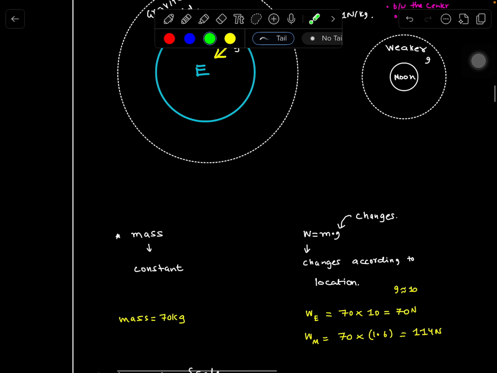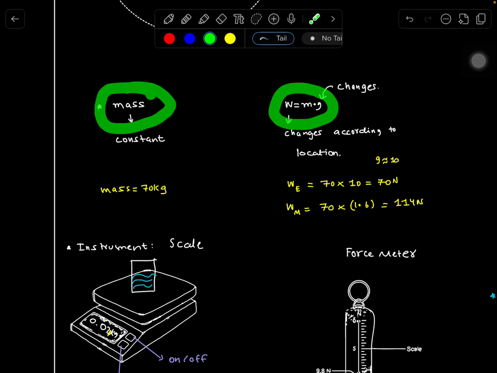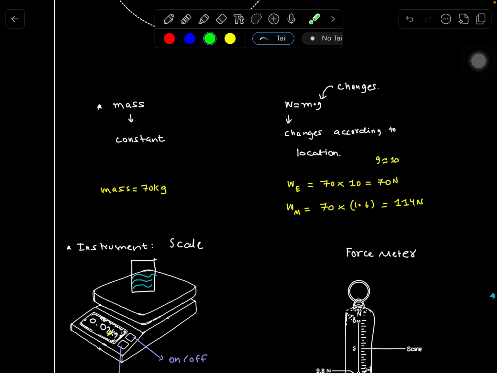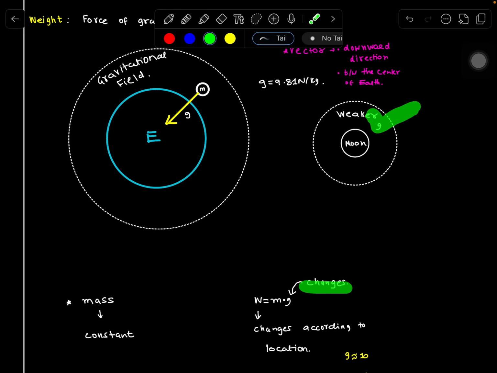Next we have the comparison between mass and weight. Mass is constant everywhere because it's the number of particles, and that doesn't change no matter where you are. However, weight changes according to location because it depends on the acceleration of free fall, or g, that we just discussed, which is changing here compared to this bigger mass.